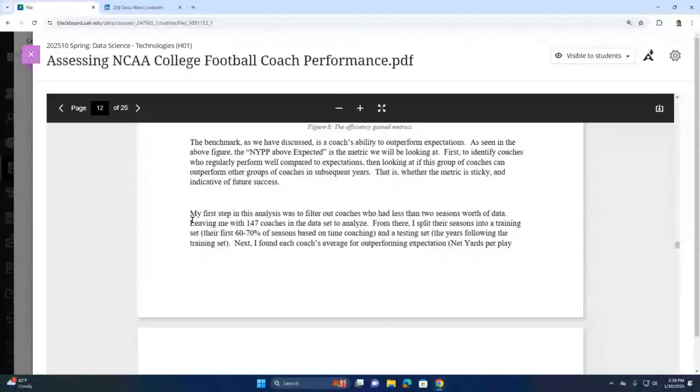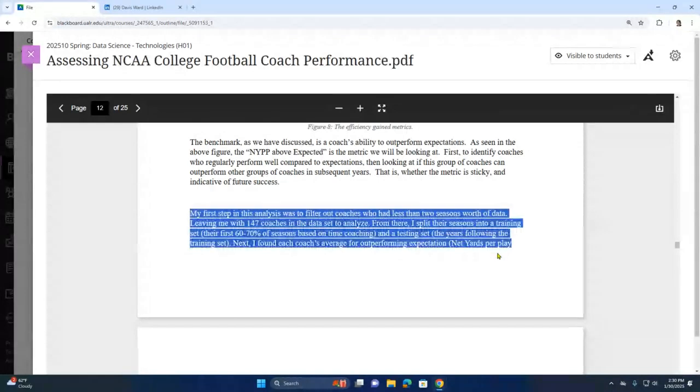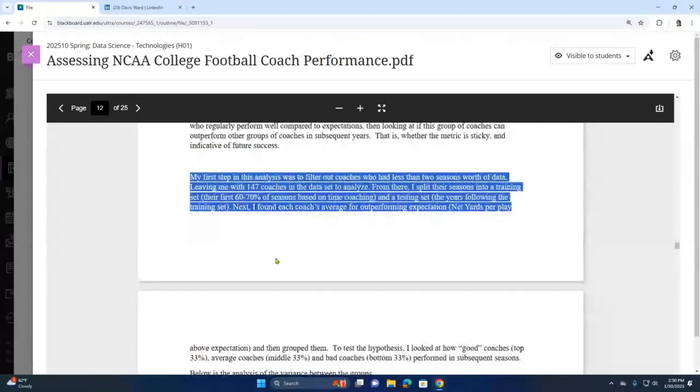And of course, what was nice too is, again, he put a lot of thought into this analysis. So, for example, he said, in order to have reasonable results, I really don't want to work with coaches that only have one season or two seasons. So he decided he needed more of a history.